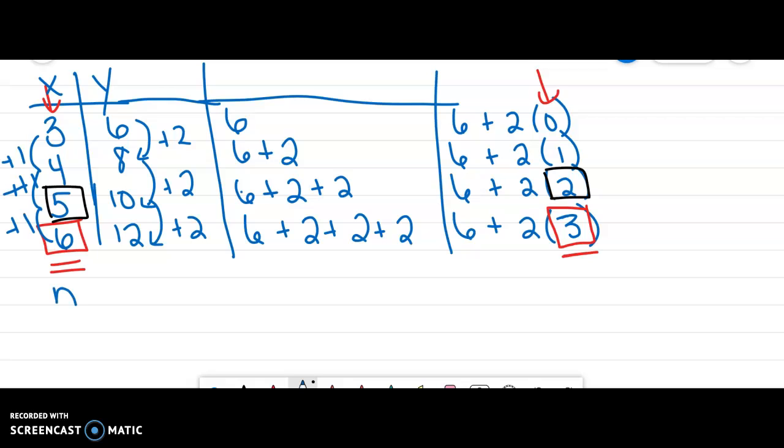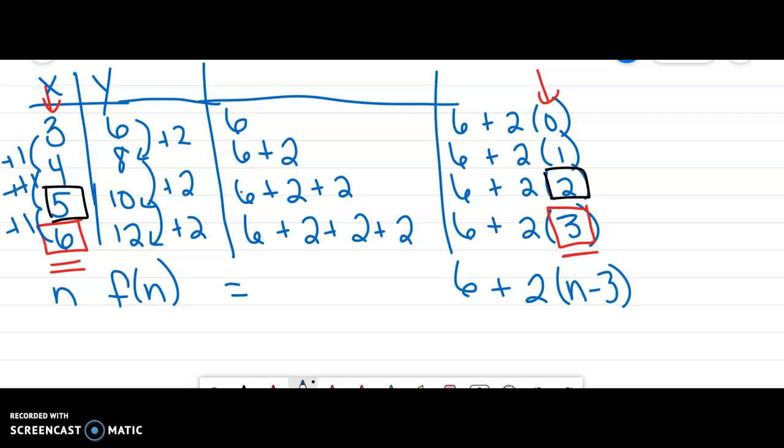If the input was n, f of n, or the output, was going to equal a 6 plus a whole bunch of 2's. And the number of 2's I need is always 3 less than the input. So you would have called it f of n equals 6 plus 2 times n minus 3.